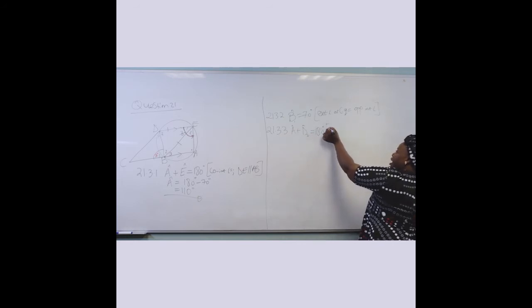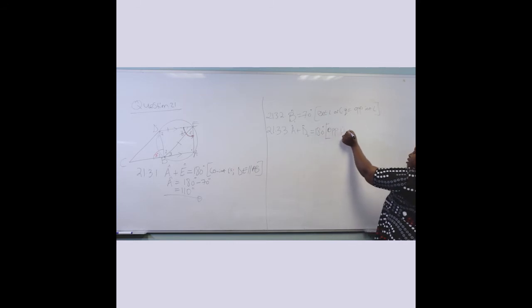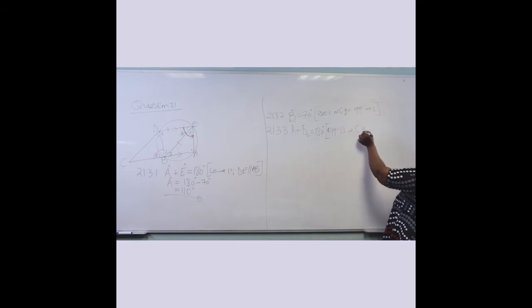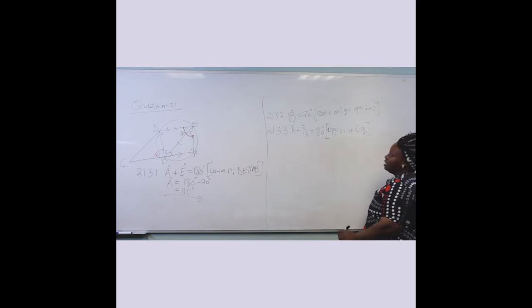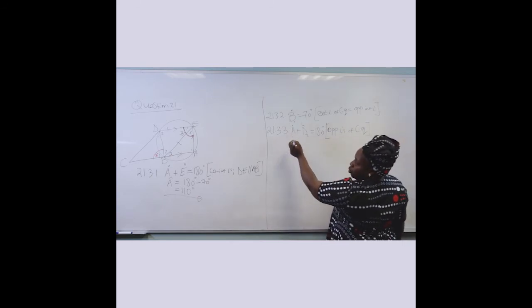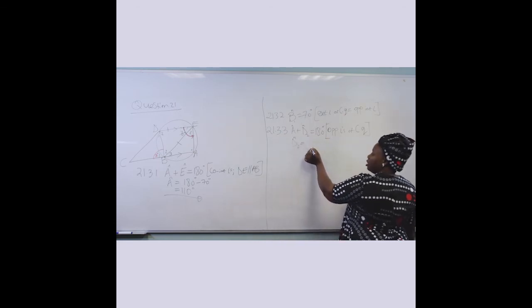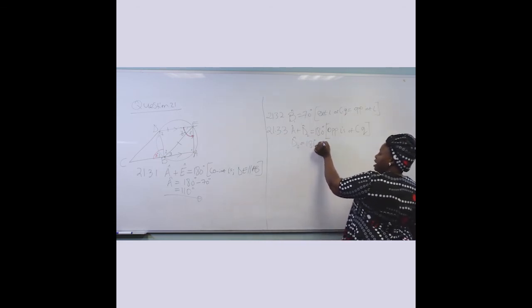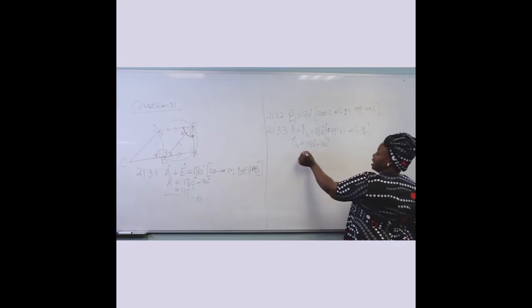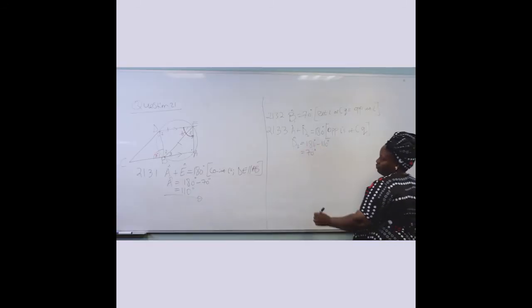That is, opposite angles of a cyclic quad must be equal to 180. So A, we have found it to be 110. So D2 is equal to 180 minus 110.